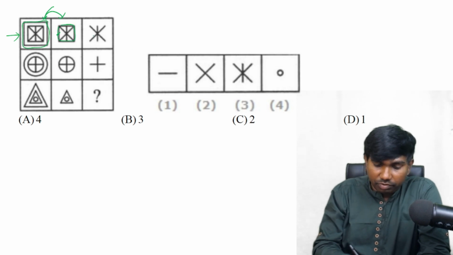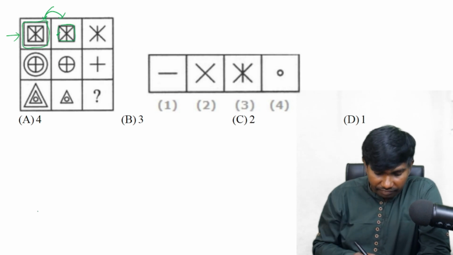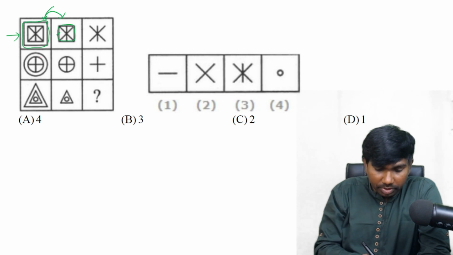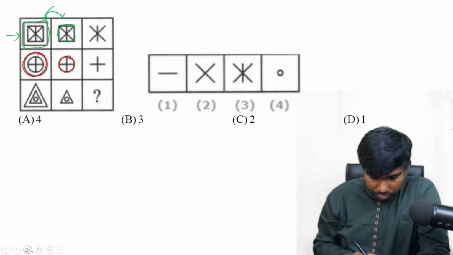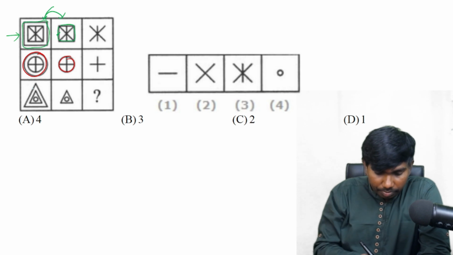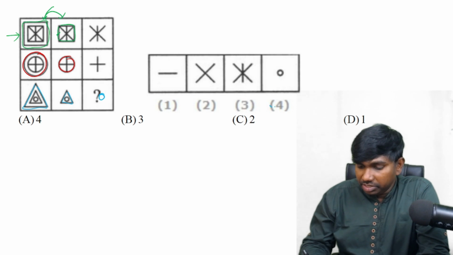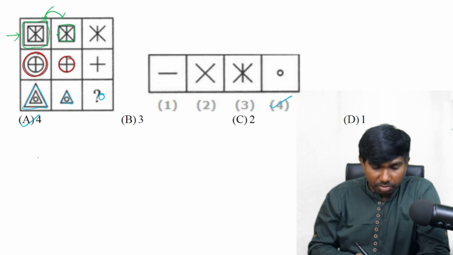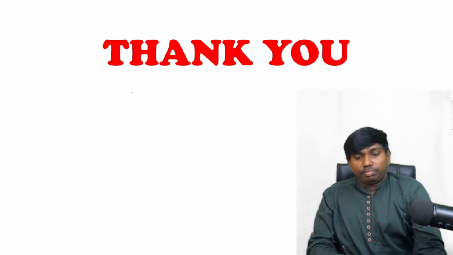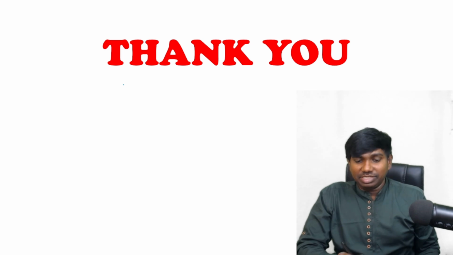And the leftover is this figure. In the same way, in the second row also, first the outermost layer got removed, and then this layer got removed. Similarly, in the third figure, the outermost layer got removed and this layer got removed, and we will remain with the circle only. The circle is in figure 4. Figure 4 is in option A. So practice more and more number of questions. All the best.